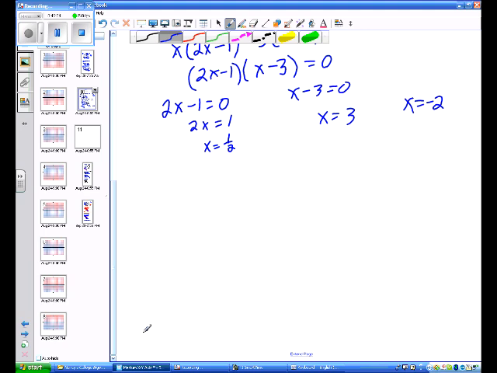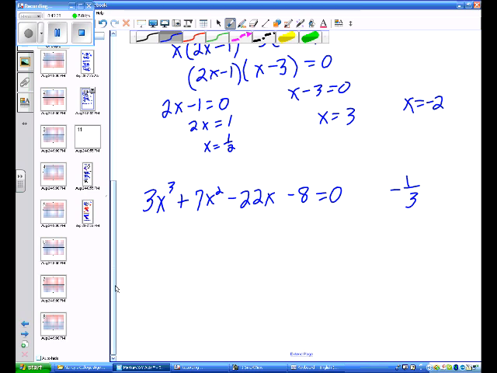So let's solve 3x cubed plus 7x squared minus 22x minus 8 equals 0. And we're told that negative 1/3 is a root.